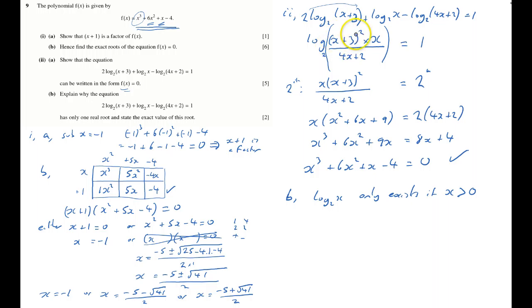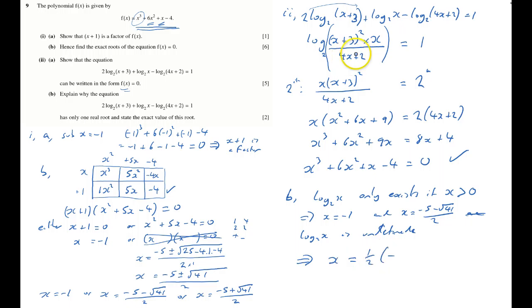Okay, therefore x equals minus 1 and x equals minus 5 minus root 41 over 2 would give log to base 2 of x undefined, so it's meant to be undefined. Therefore x equals half of minus 5 plus square root of 41, because root 41 is just over 6.